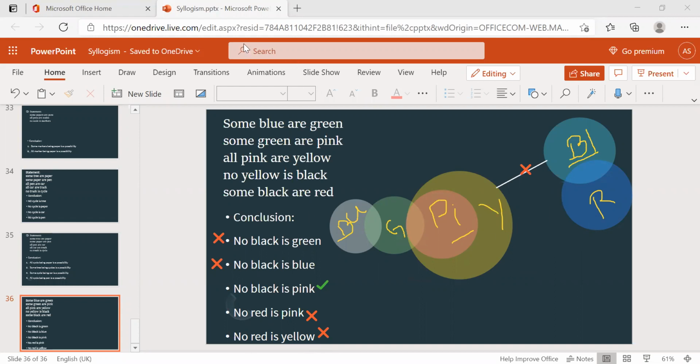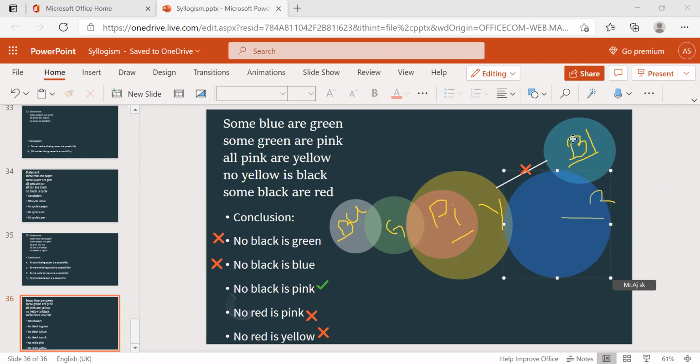See, I'll show the diagram. If red is here, right? Red is here. So I can draw like this. See, some yellow are red, some yellow are black, but there is no connection between red and black.